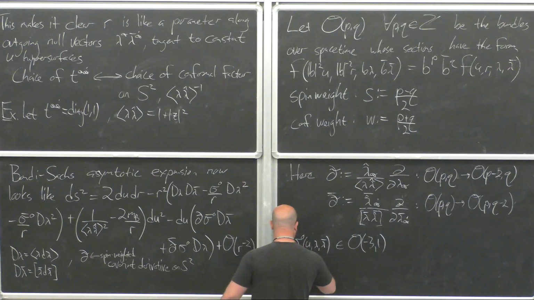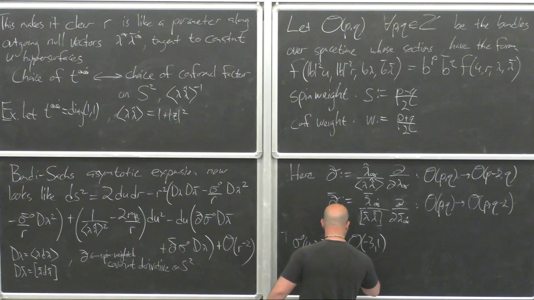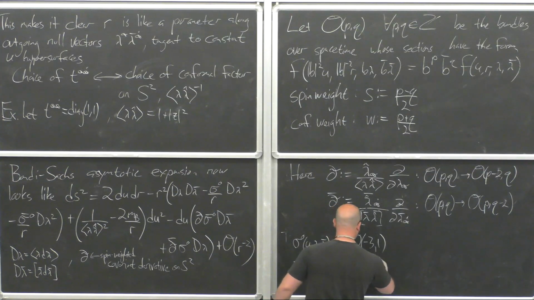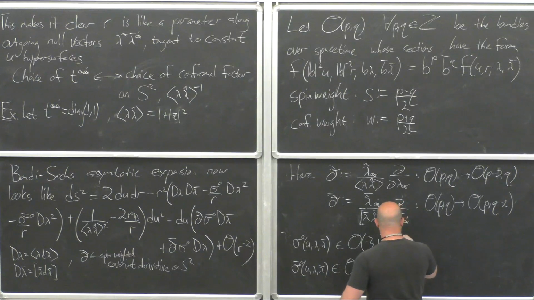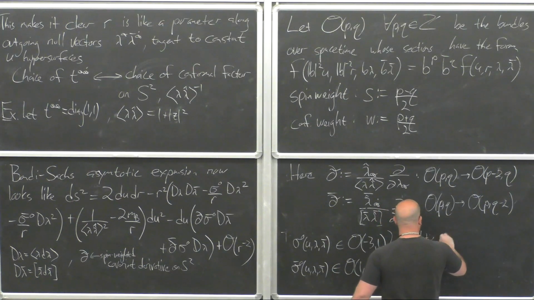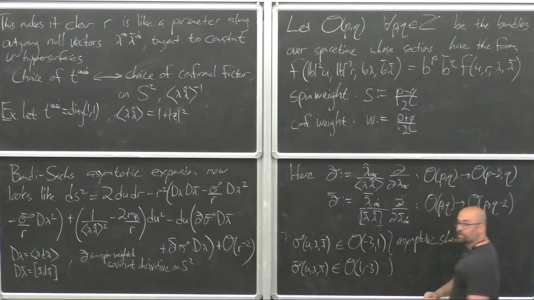Sigma bar naught of u, lambda, lambda bar, is in curly O of 1 minus 3. And these things are the asymptotic shear. This is the free radiative data of the asymptotically flat spacetime.